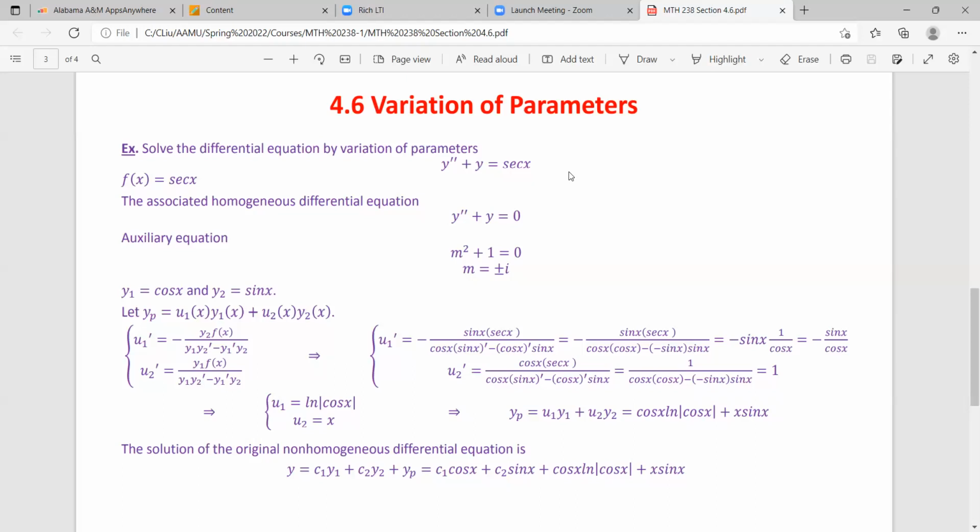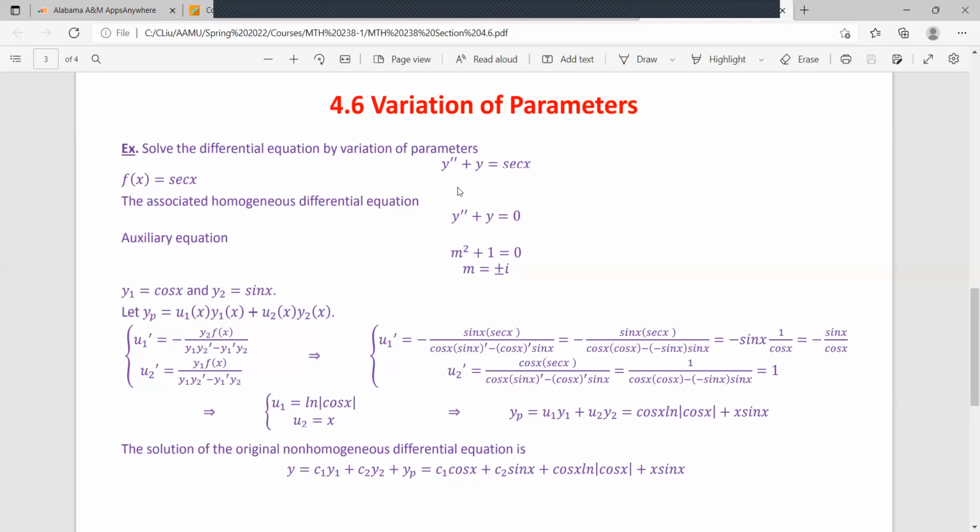So the only thing left for us is the variation of parameters. So why don't we just use this new method to find a particular solution of this equation? The right hand side f is just secant x.